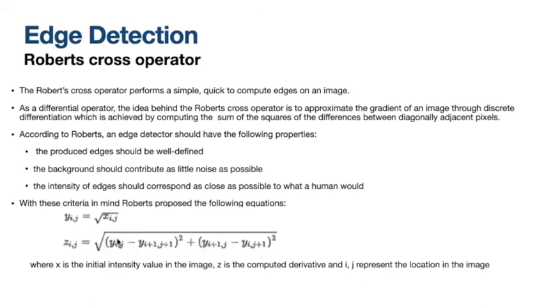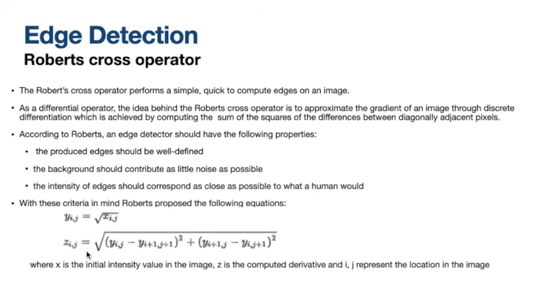Here y_ij and y_i+1,j+1 are diagonally adjacent pixels, and they have found the square of the difference between these pixels. Again, y_i+1,j and y_i,j+1 are another diagonally adjacent pair. They have found the difference between these two pixels and the square of this.